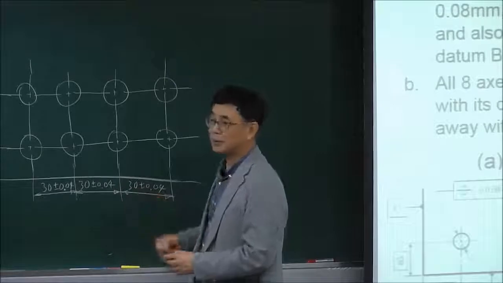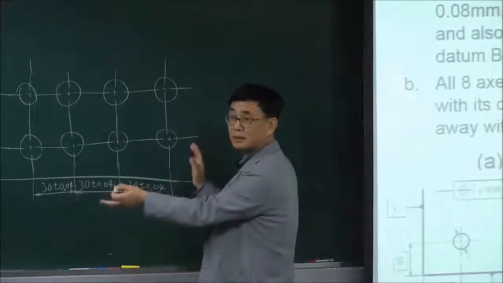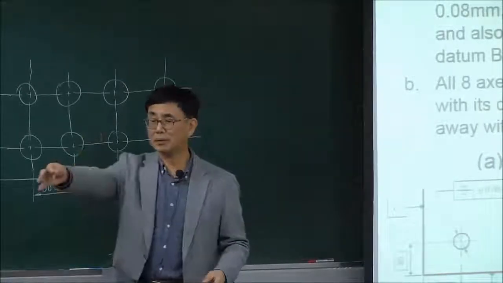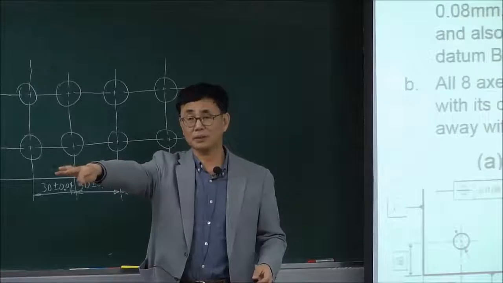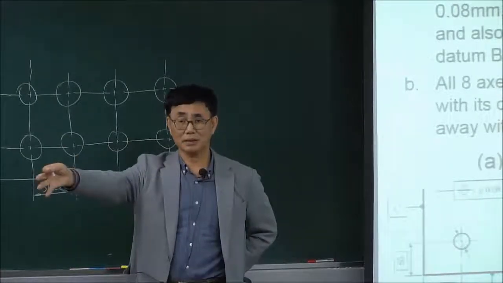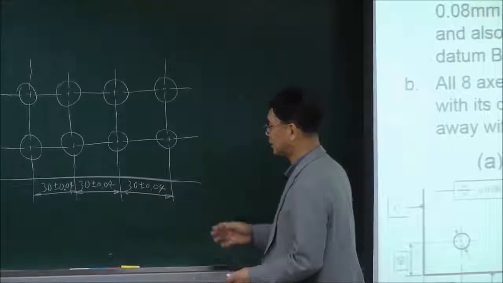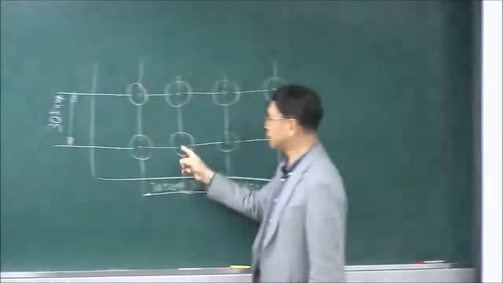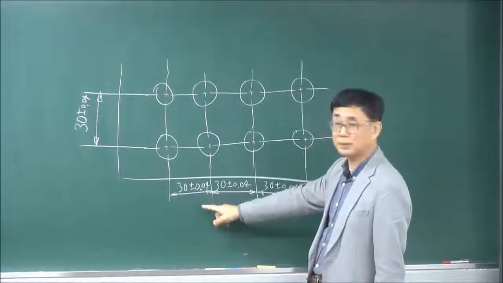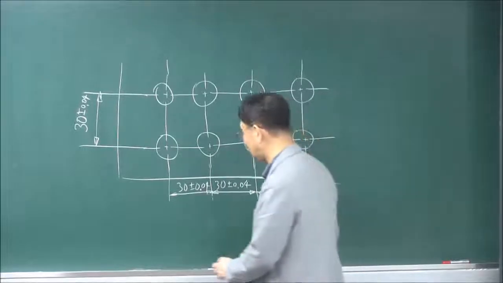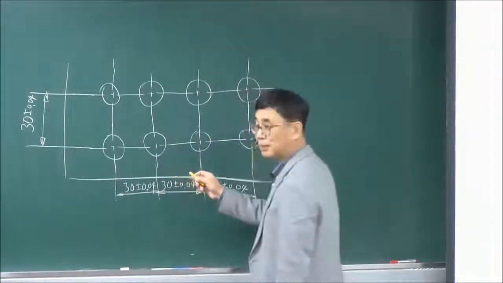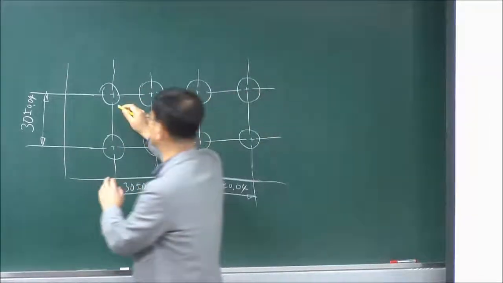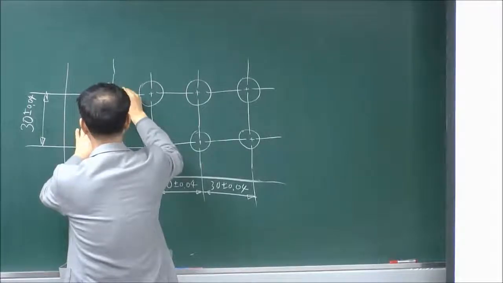But the difference between this type of dimensional tolerance and assigning the true position in that slide is that if you assign the accuracy between holes by using this dimensional tolerance, then it means that the hole center is within this area. Within this area.